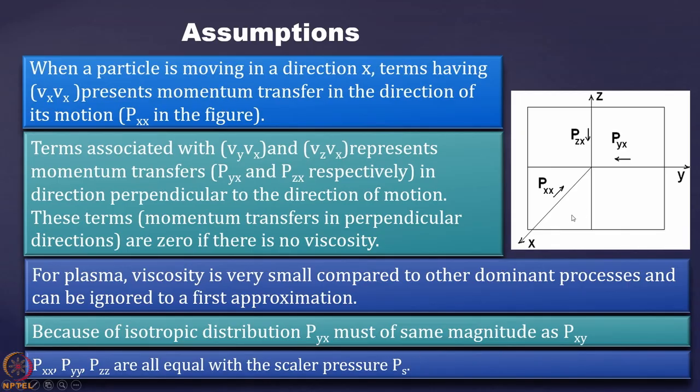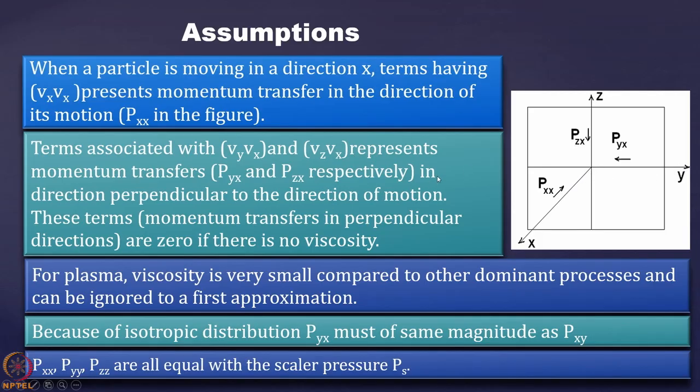Now the terms associated with vx vy or vy vx or vz vx represent the momentum transfer in pyx and pzx respectively, like this one. They are the momentum transfer in the orthogonal directions actually.